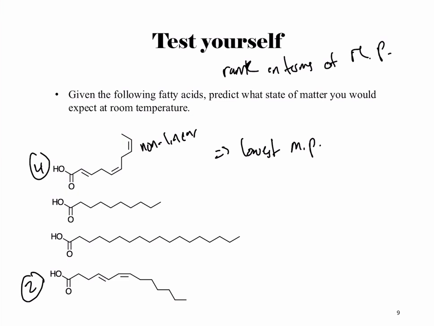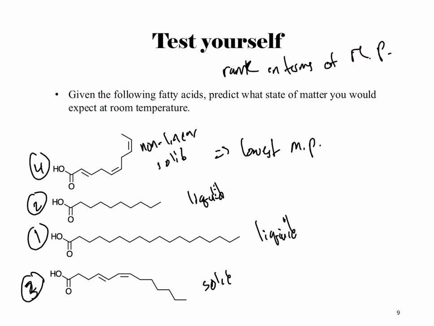And then for the ones in between, they're both saturated fatty acids, but one has a longer carbon chain, which means that it'll have stronger intermolecular forces. So then this will be the second highest melting point, and then this one will have the highest melting point. And so based off of this, if let's say this was a solid, then I could say this would definitely be a solid, and these two would most likely be liquids at room temperature. This is just making an educated guess based off of the structure of these fatty acids and their degree of saturation.